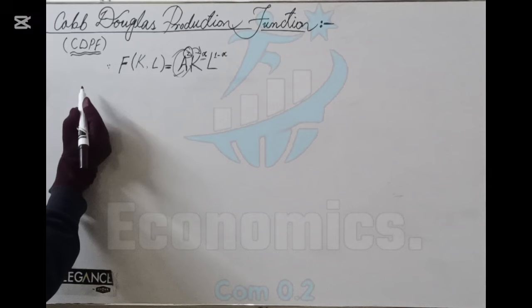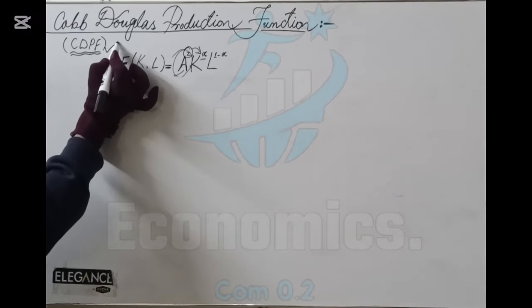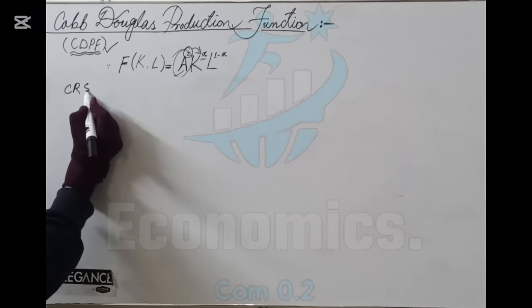The first question we can ask about the Cobb-Douglas production function is whether it is a constant return to scale. So let's prove it.